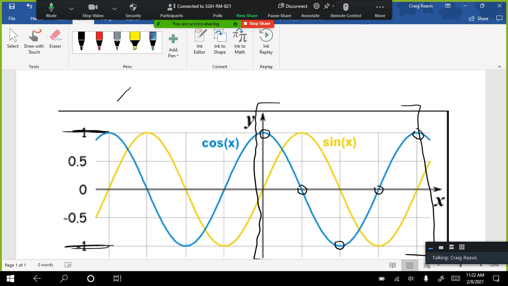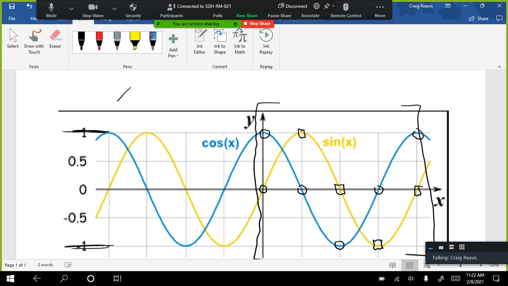Okay, so that's the main thing we're going to be looking at when we're trying to graph these sine and cosines. If you notice on the sine graph, the major points are right here where it starts, where it touches the top, where it comes back down through, where it goes to its low point, and then where it gets back to where it started.